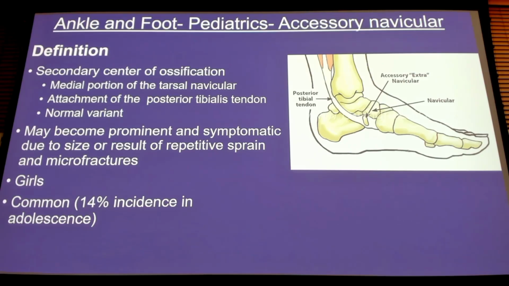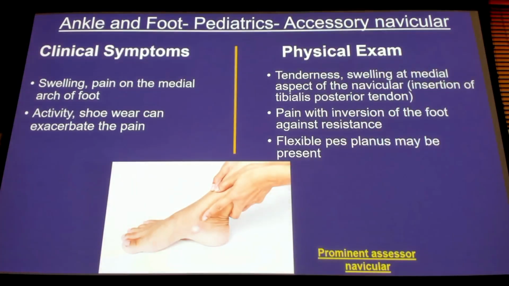It may become prominent, and as you continue to exercise or engage in aerobic activity, and the posterior tib continues to pull on its attachment here at this location on the navicular, then you have a more prominent view of that accessory ossicle, right?